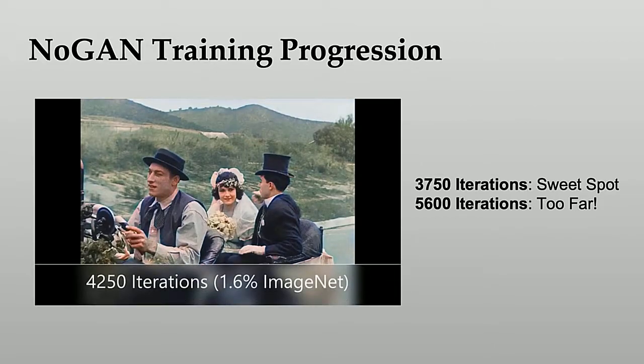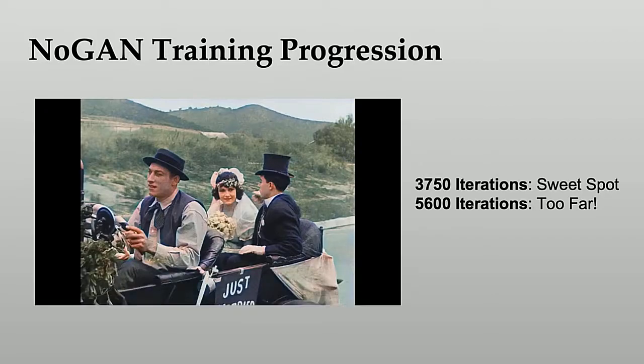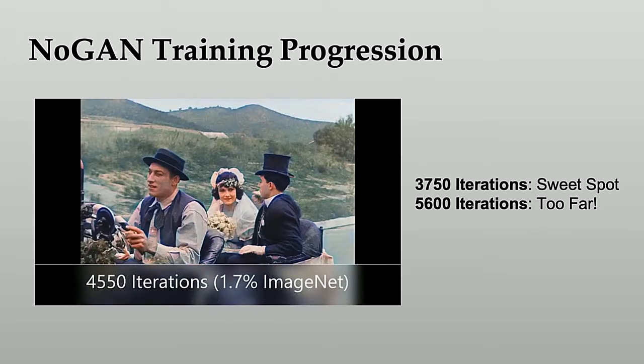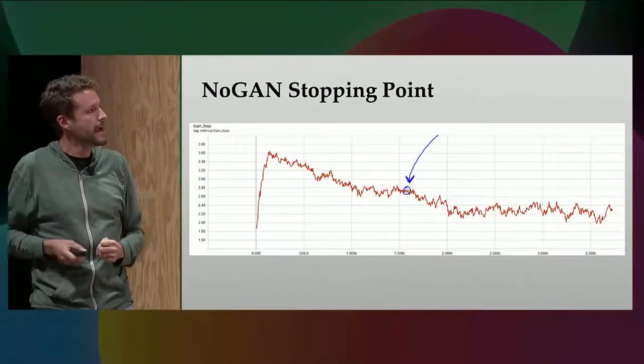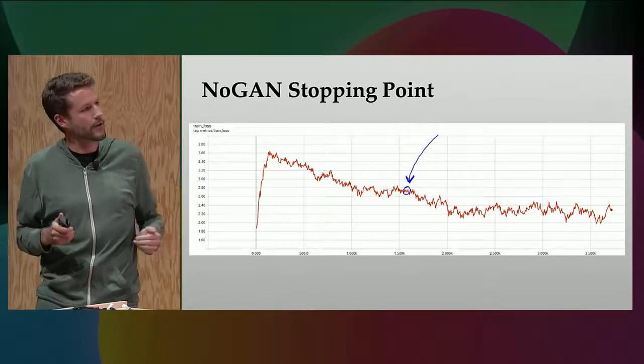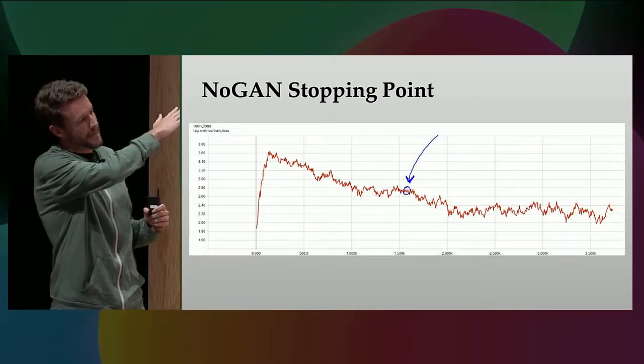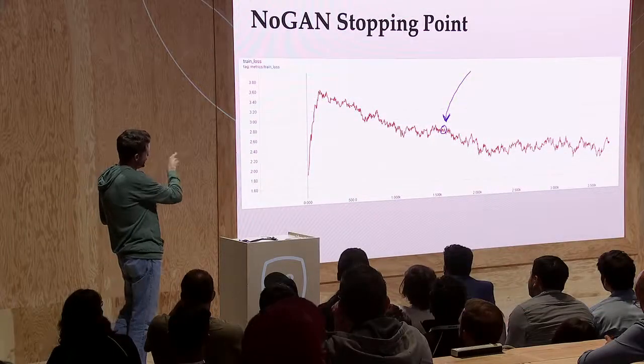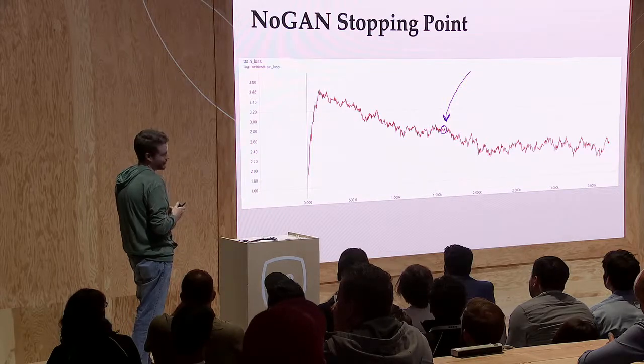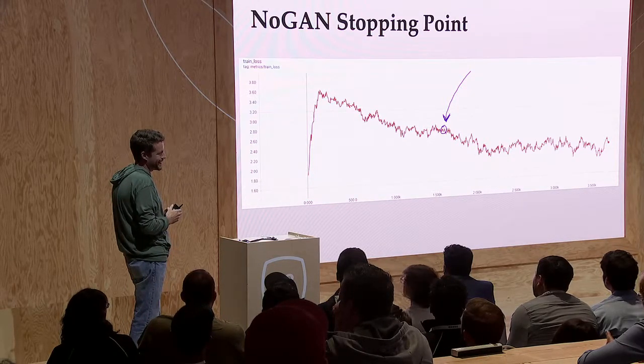Right here is actually where you want to stop. Now, it doesn't look too bad yet, but you're going to start seeing their skin going to turn orange, rather. Yeah, right here. So you don't want that. You might be surprised. So the stopping point of NoGAN training at that GAN part is right in the middle of the training loss going down, which is kind of counterintuitive.